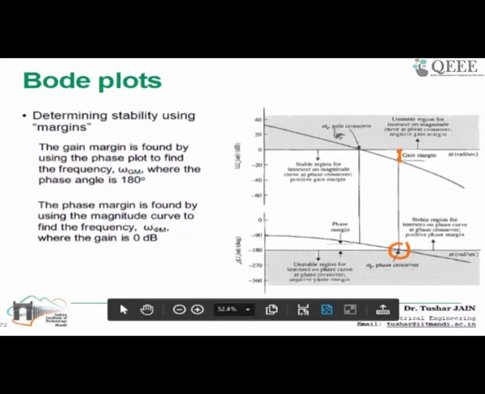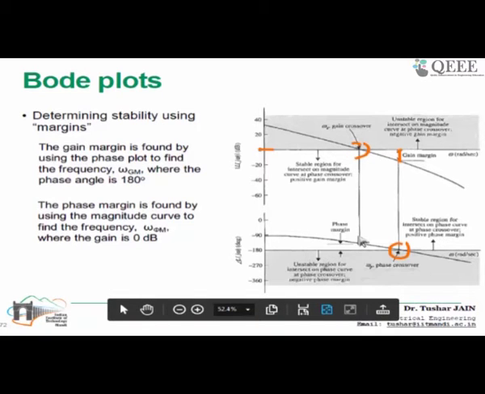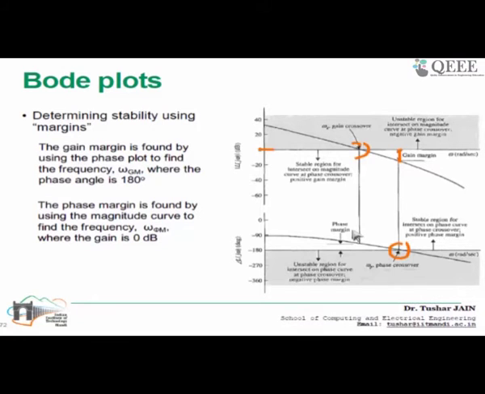Then in the magnitude plot, I see what my gain crossover frequency is, where it crosses the 0 dB line. Since the 0 dB line is drawn on the same frequency scale, I can go downwards and see what the phase margin of this transfer function is. Now, the region above the 0 dB line: if your gain margin falls in this region, then your system is unstable.